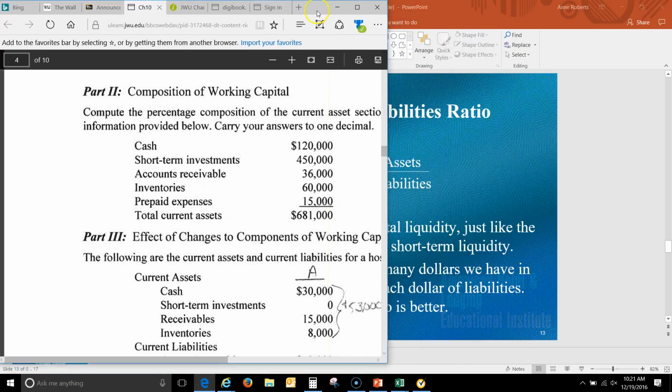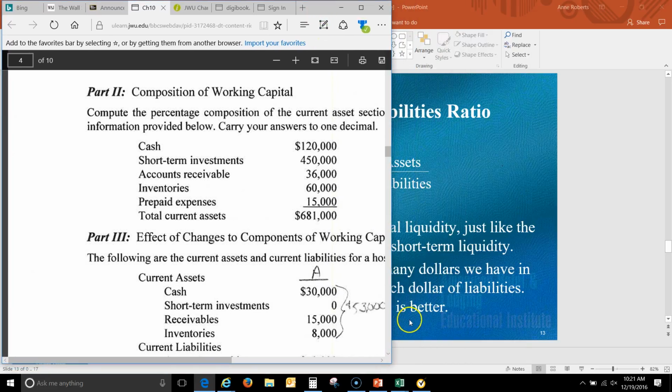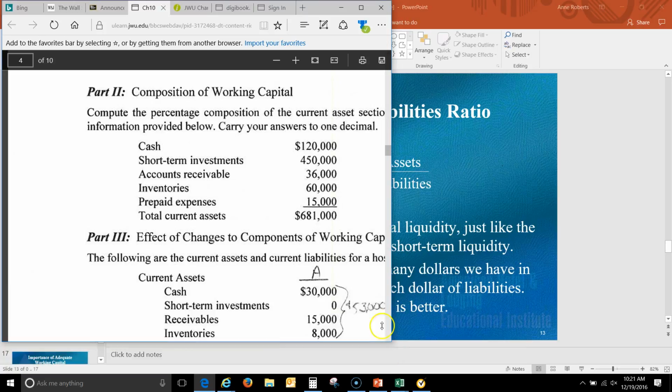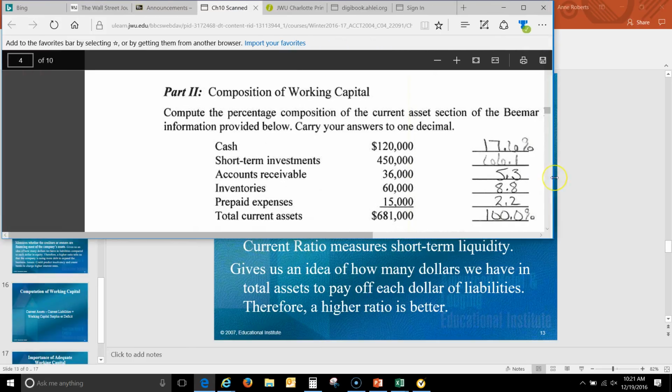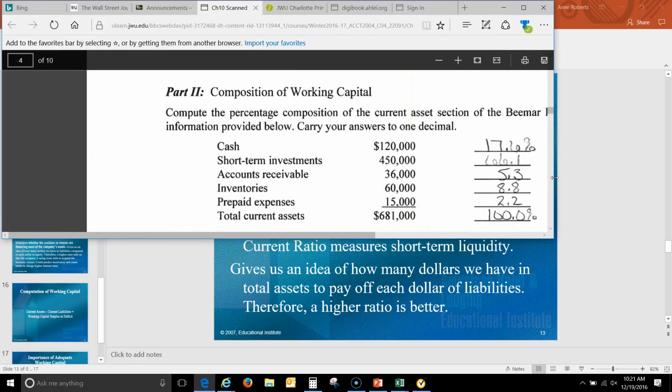Just show it. I'm trying to make sure I show the answer, but I don't give you the answer to the next one. There we go. Okay, and again, all we're doing is taking cash divided by total, short-term investments divided by total, accounts receivable divided by total, inventory divided by total.